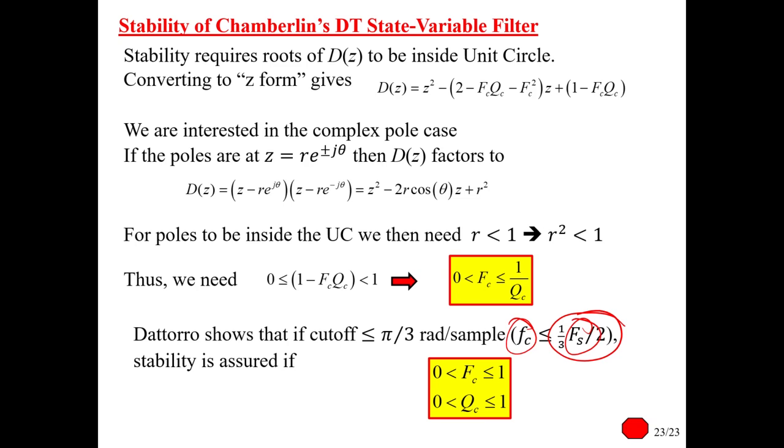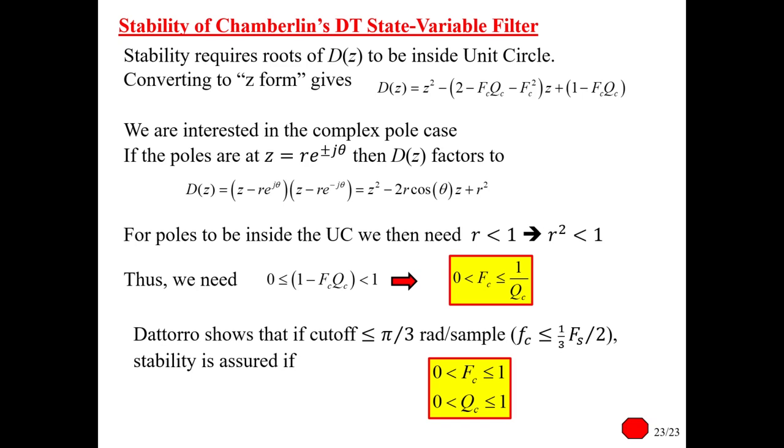Let's just say 21. And so 1/3 of that is 7 kilohertz. So if we limit our FC to be 7 kilohertz or lower, whether it's low pass or band pass, that's pretty high. So that's not an unreasonable limitation.